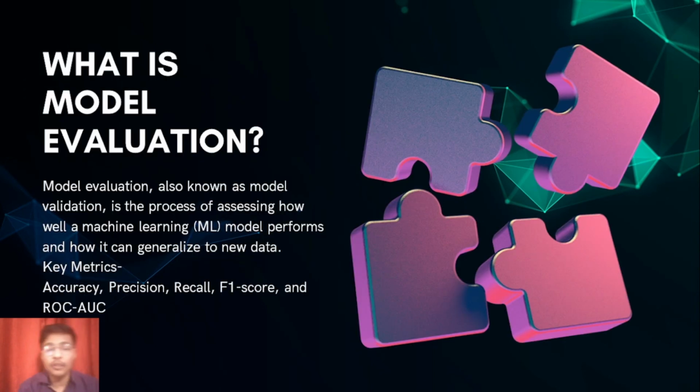So first of all, what is model evaluation? Model evaluation is the process in which we check how good the model is after training, using metrics such as accuracy, precision, recall, F1 score, and ROC AUC.